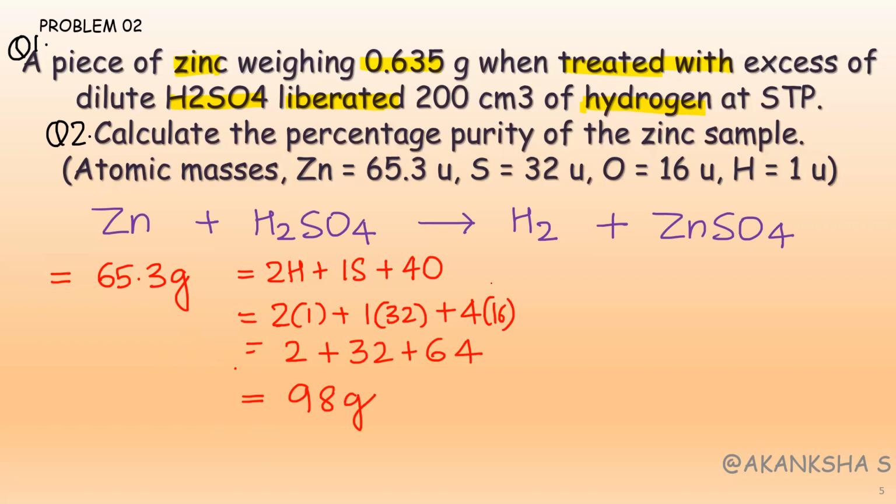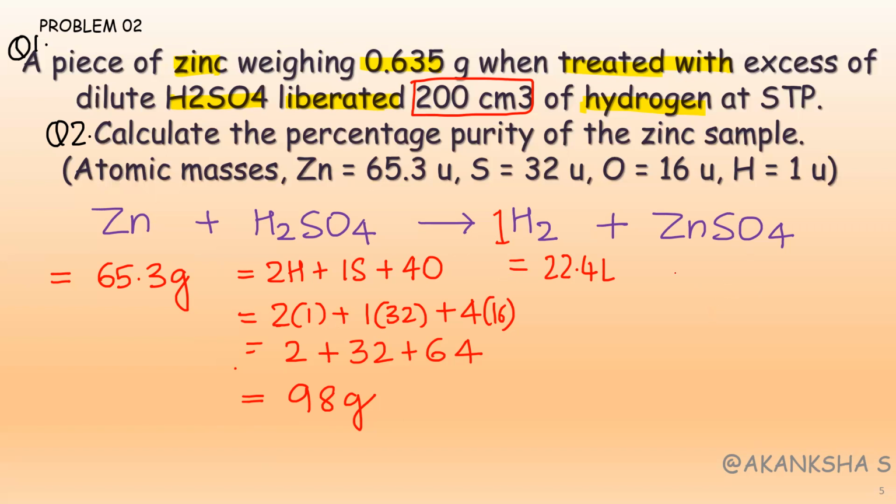Hydrogen, again, we are talking with respect to volume. Since hydrogen is an ideal gas, we are going to consider its volume. It's only 1 mole over here, so we are considering it as 22.4 liter. 1 mole of ideal gas occupies a volume of 22.4 liter.